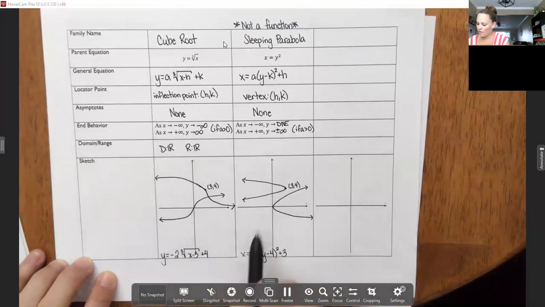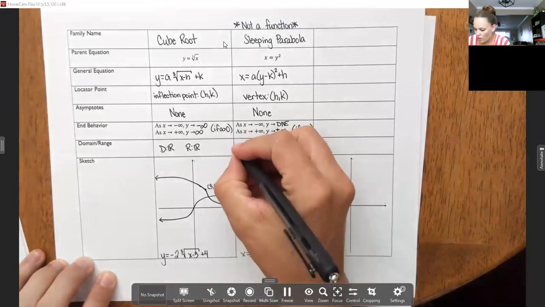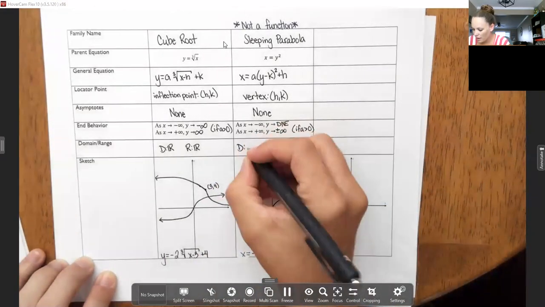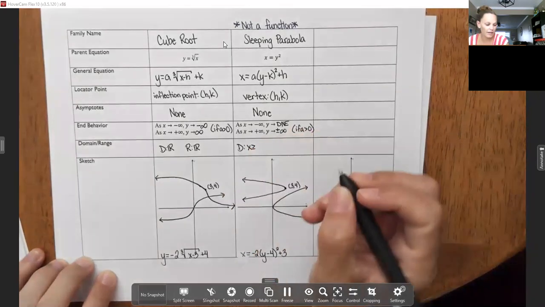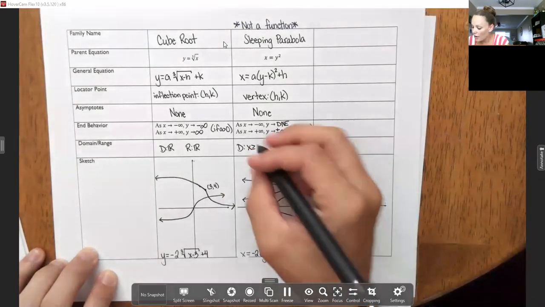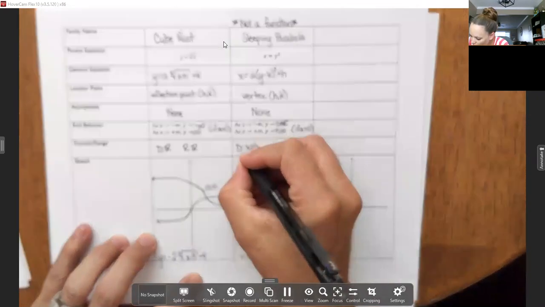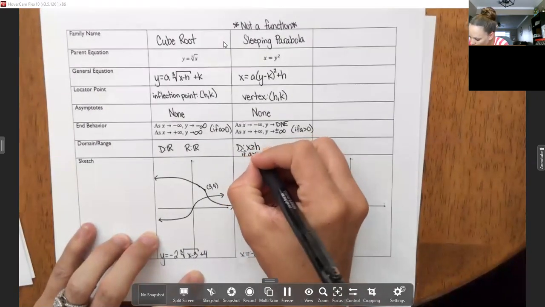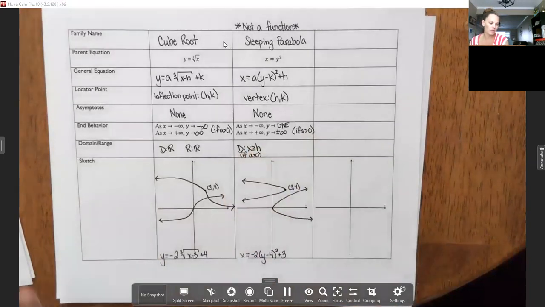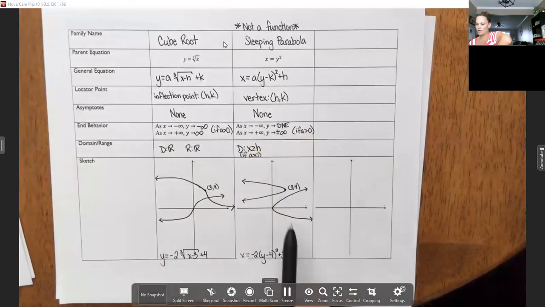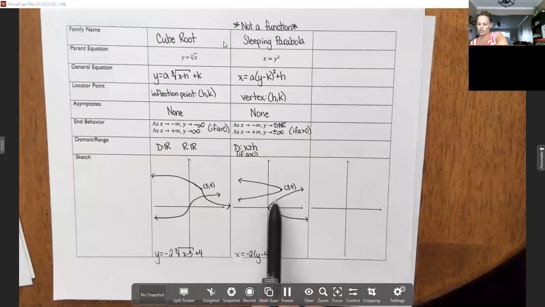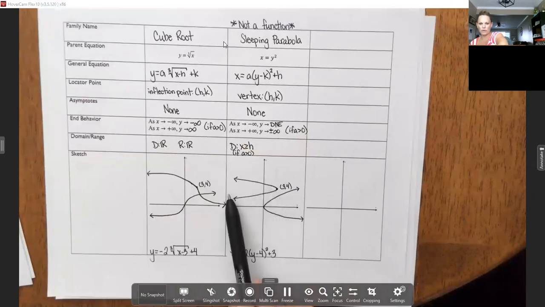And then I forgot the domain and range. So of our original, the domain, we already put this on the other page, but here it's x is greater than or equal to h. This is if a is positive. If a is negative, it's less than or equal to h, as we can see from this other example.